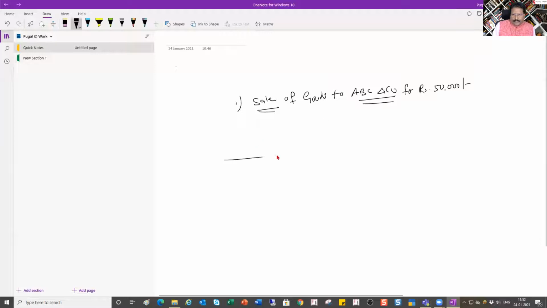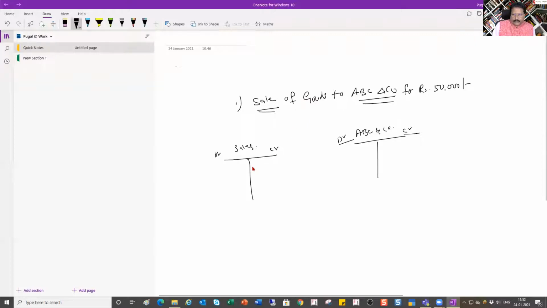So this is your sales ledger, with a debit side and a credit side, and the other ledger that is going to be impacted is ABC and company, which also has a debit side and a credit side. Okay, so in this transaction, the ledger posting is going to happen like this.